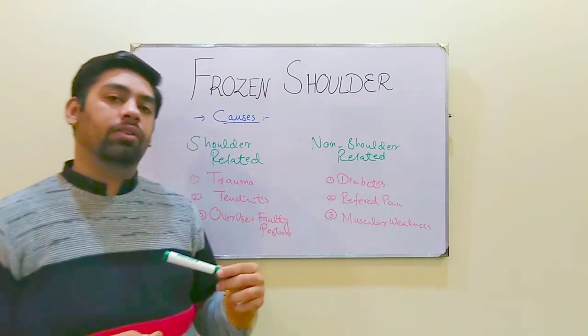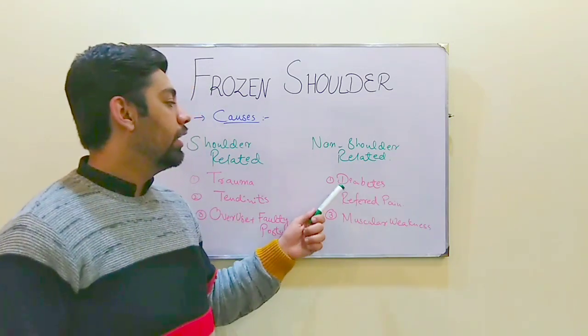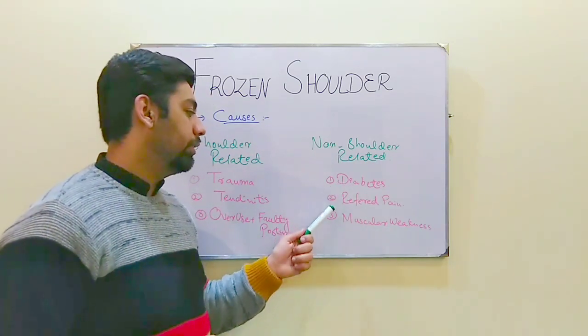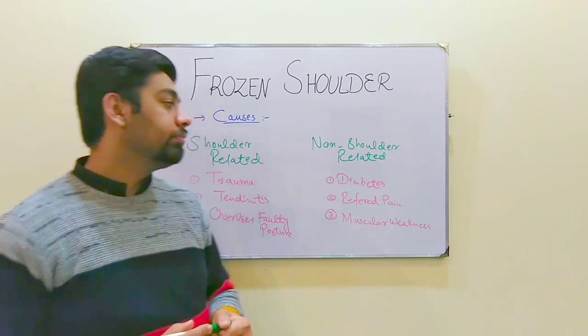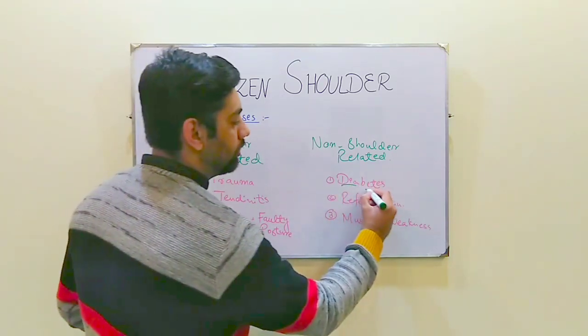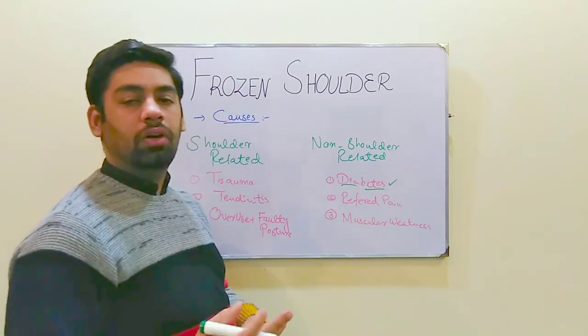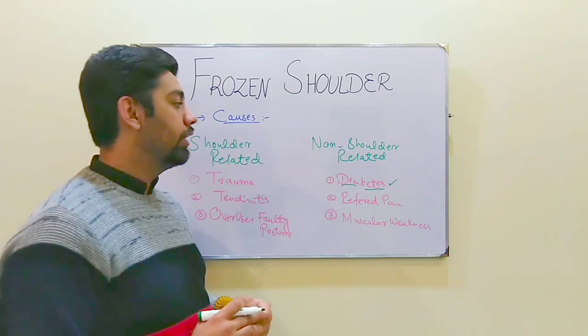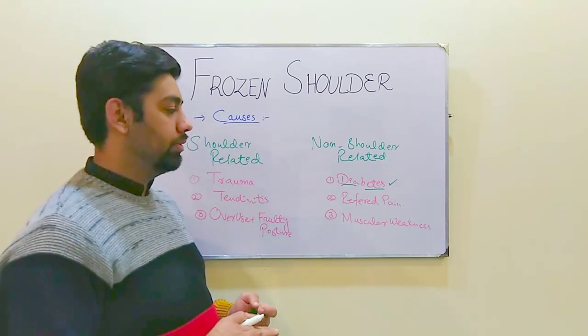Talking about the causes not related to the shoulder, these causes are the diabetes, referred pain, and the muscular weakness. Diabetes is a pathological condition which affects mostly all of the systems of the body and can also lead to development of the frozen shoulder.